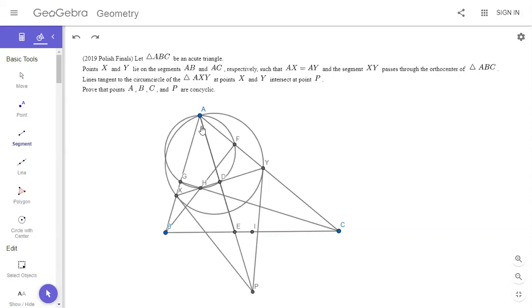We could try power of a point, which we could show AE times EP is BE times EC. I don't think that would probably be super helpful. Or we could show angle PBC is equal to angle PAC. Maybe that would be more helpful. I'm trying to see if we can do an angle chase to do that.